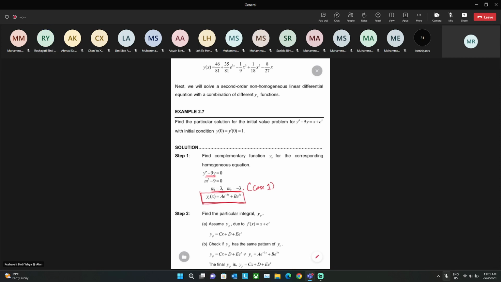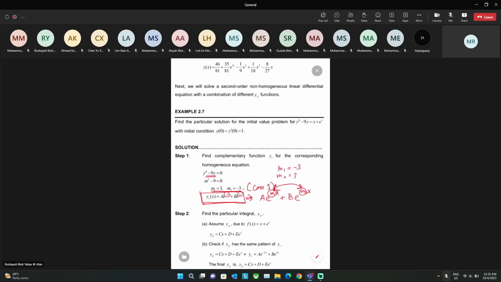So m1, m2, it starts with A exponential m1 x plus B exponential m2 x. This is not really critical, because it's up to you if you want to declare your m1 equal to minus 3 and m2 equal to 3.